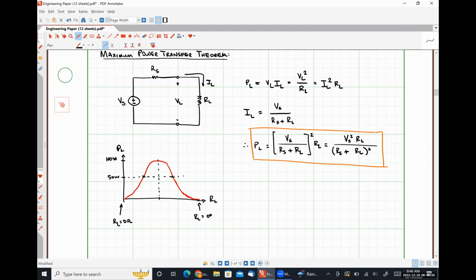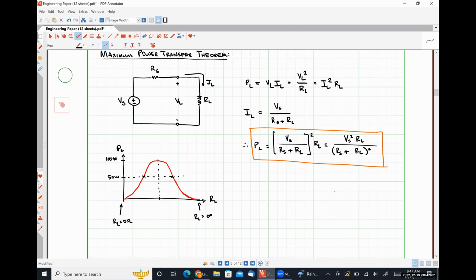Okay, so we have this equation that I've circled or boxed in orange. Let's solve for the value of RL that will make P its maximum value. How are we going to do that?